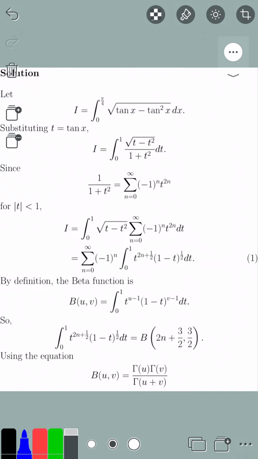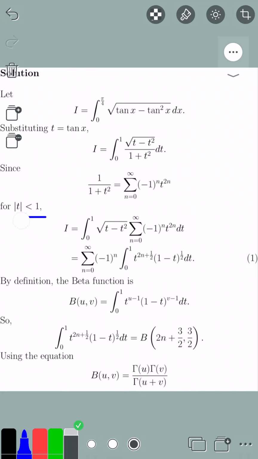Using the geometric series, 1 over 1 plus t squared is equal to the sum from n equals 0 to infinity of negative 1 to the nth power times t to the 2nth power. This geometric series converges for t less than 1.